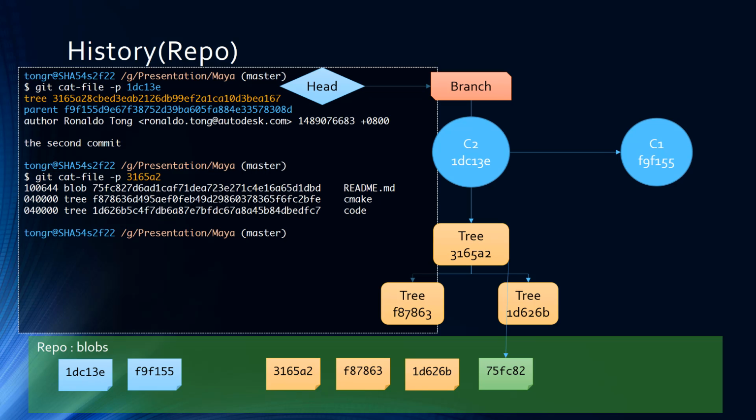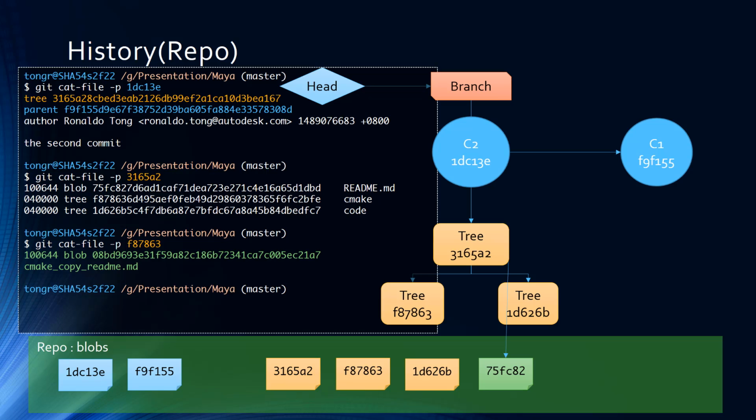Further check the two trees. There's a file named cmake-copy-readme.md under the CMake folder, and its content could be represented by the blob 08bd96 in the Git repository. There's a file named code-copy-readme.md under the code folder, and its content could be represented by the blob 08bd96 in the Git repository.